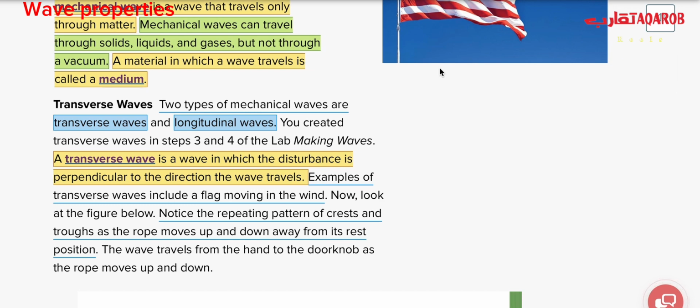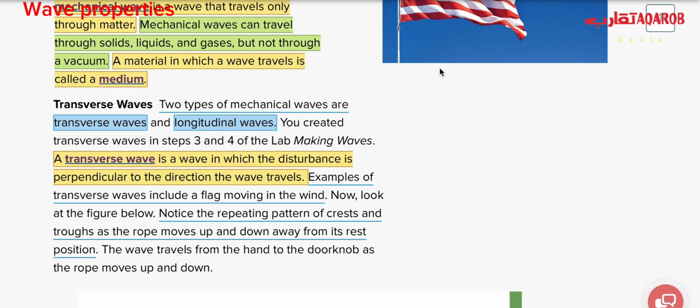and we know that in waves we have a repeating pattern. If the wave is a transverse wave, we will have a repeating pattern of crests and troughs as the rope moves up and down away from its rest position.